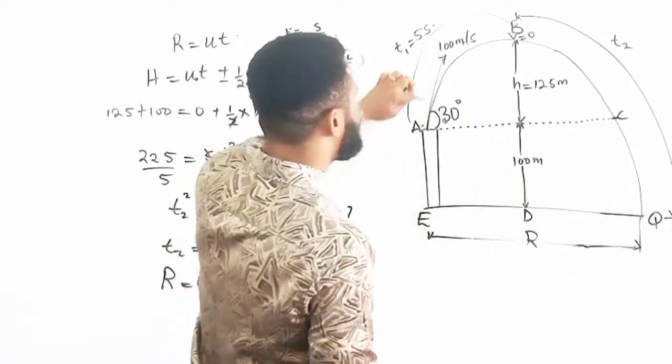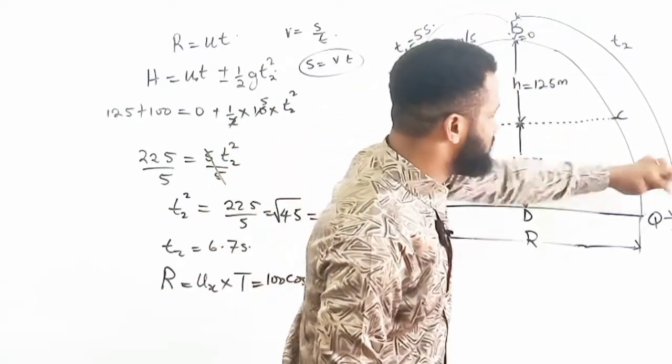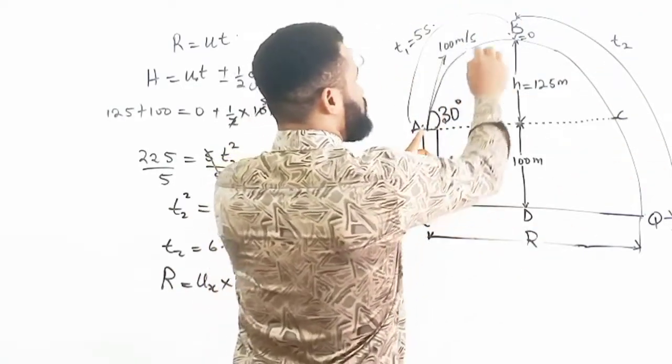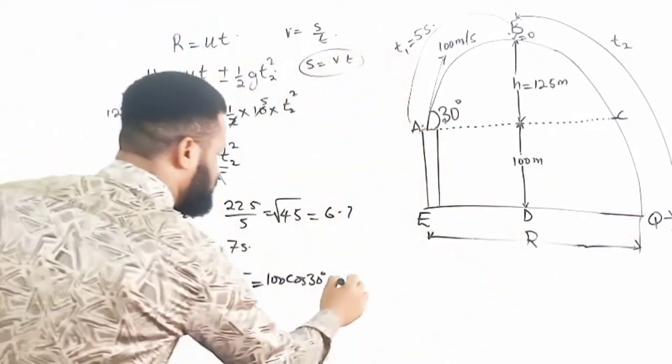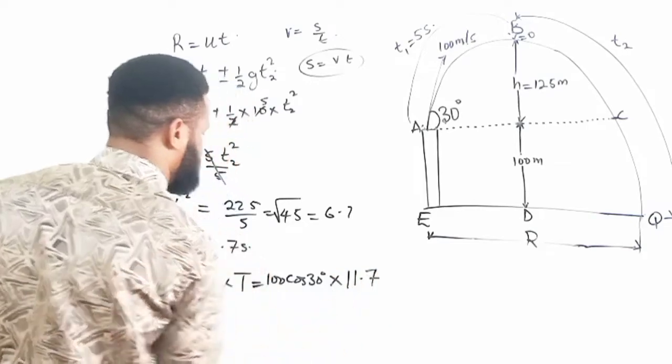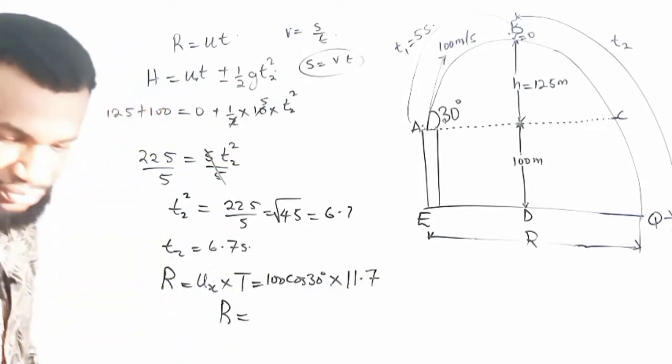So if from here to here is 5, then from here to here is 6.7. Therefore, from here to this point is going to be 11.7.